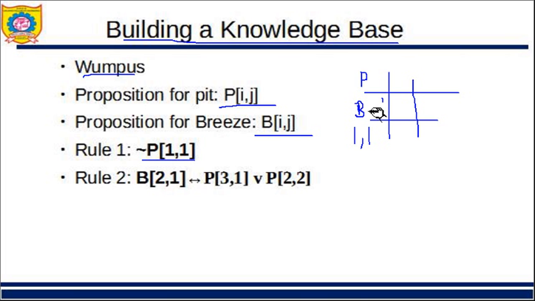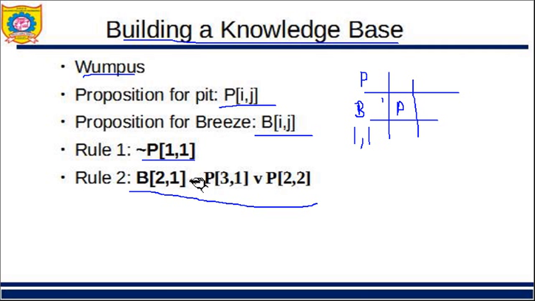So it states that there is a pit either over here or over here. The same is explained in this rule: a breeze over here implies there is a pit at 3 1, third row first column, or a pit at 2 comma 2.